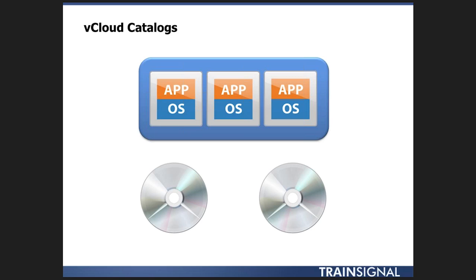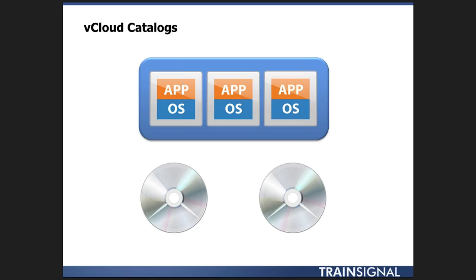So instead of just a single virtual machine and an operating system, I can create a template out of my entire multi-tiered application, including network settings, IP addresses, guest OS customization, and firewall rules. All of that can be encompassed inside a vApp template, and then I can deploy that over and over again without having to configure each one of my virtual machines.